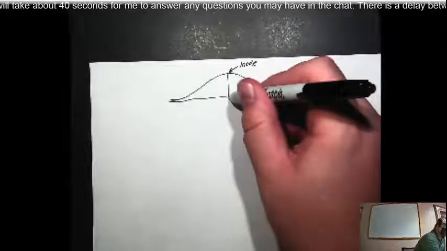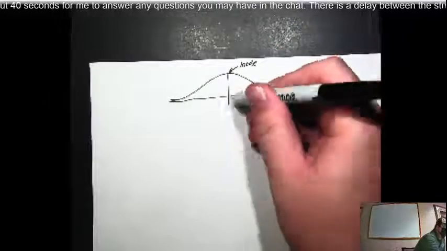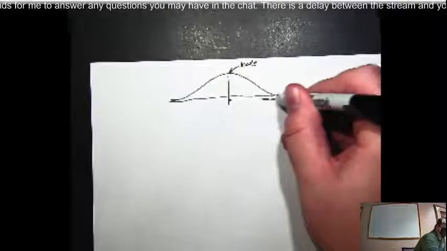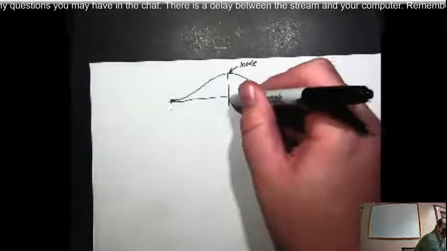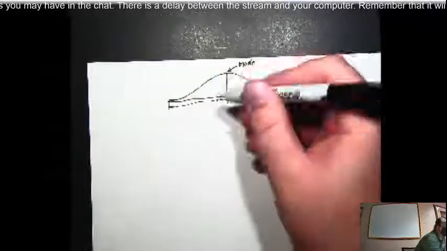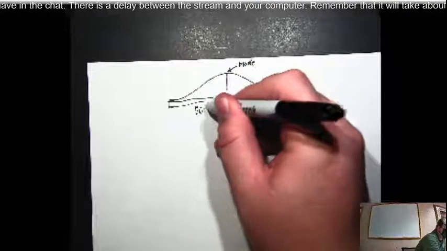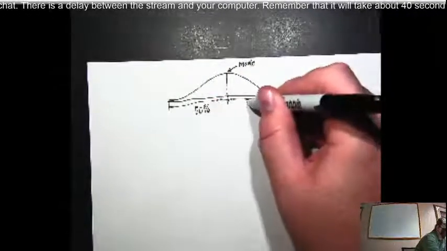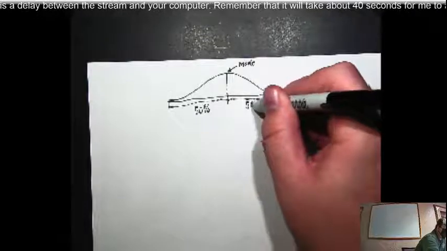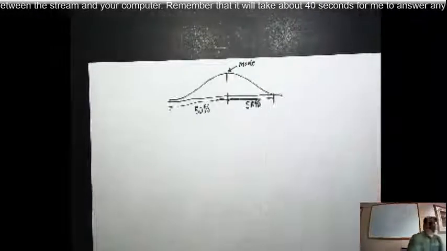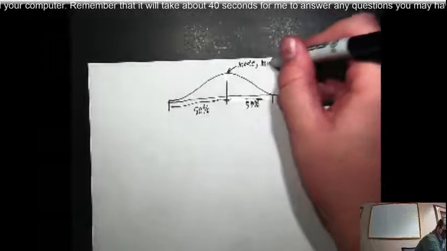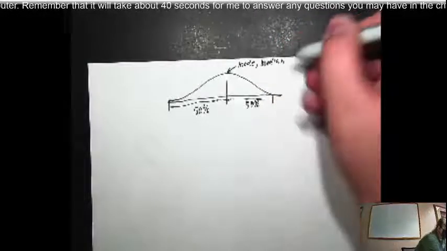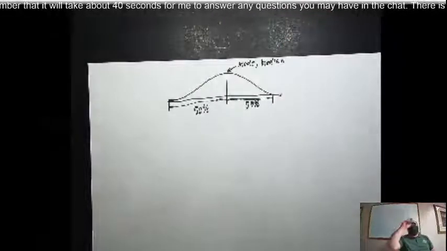So we can also say that this center line where our mode is cuts our data in half perfectly, where 50% is on this side and 50% is on this side, meaning that this is also the median, the middle of our data.